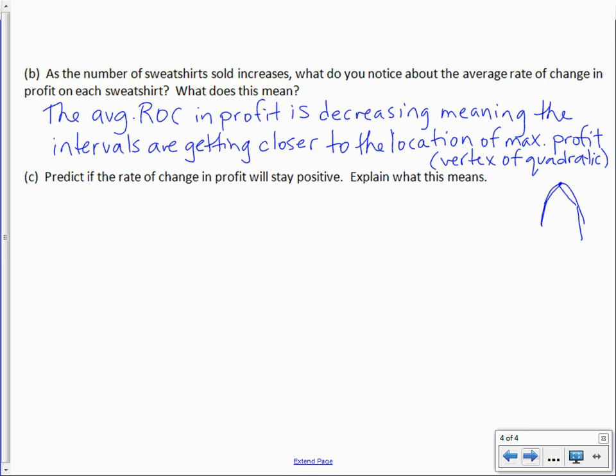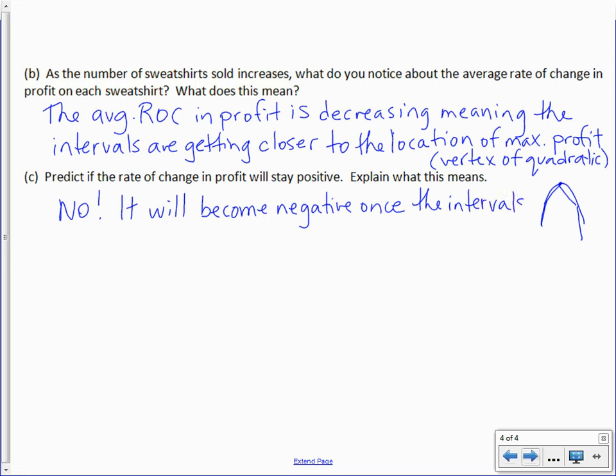So predict if the rate of change in profit will stay positive. The answer is no. It will become negative once the intervals pass the location of the vertex.